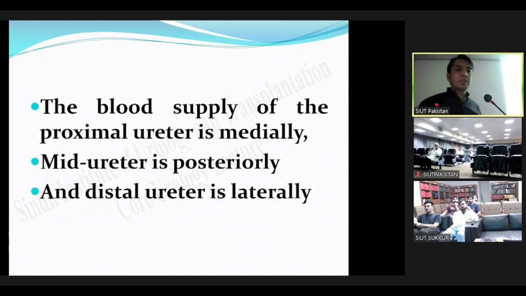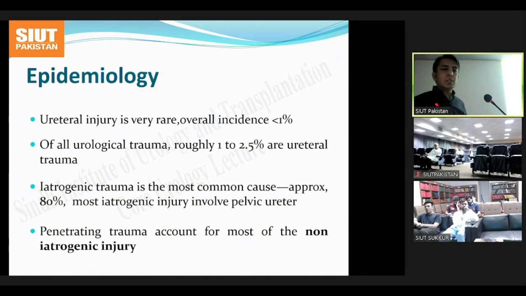So, as already mentioned, the blood supply of the proximal ureter is medial, and it's surgically important; the mid ureter is posterior, and the distal ureter is lateral. Regarding epidemiology, ureteral injury is very rare. Overall incidence is less than 1%. But of all urological trauma, roughly 1 to 2.5% is ureteral trauma.